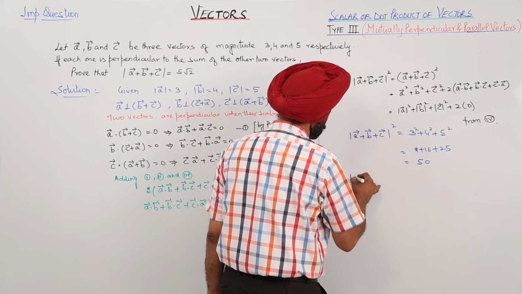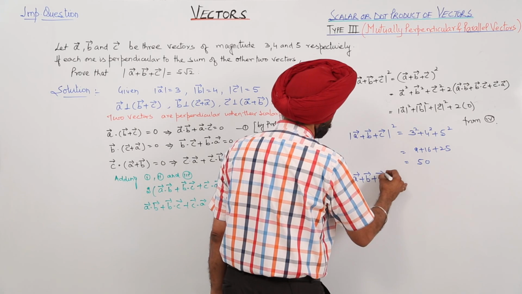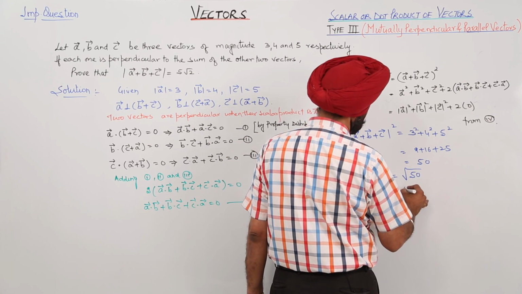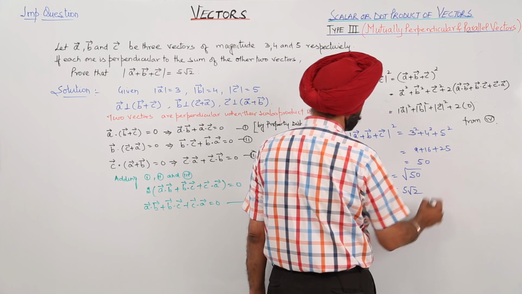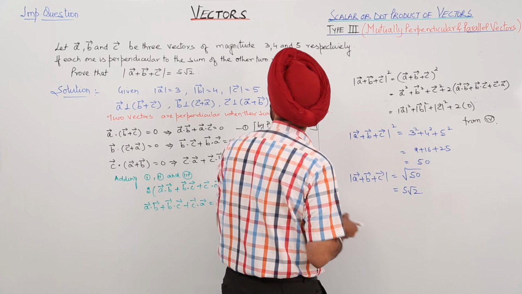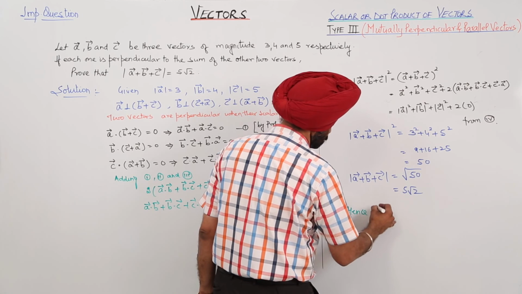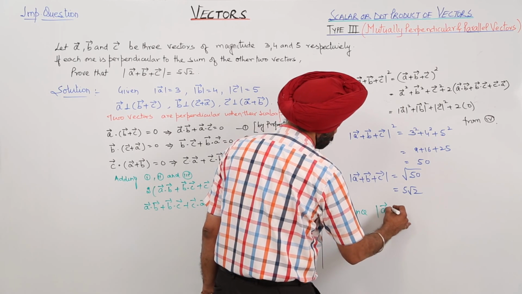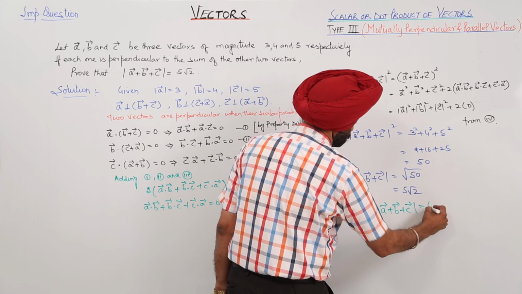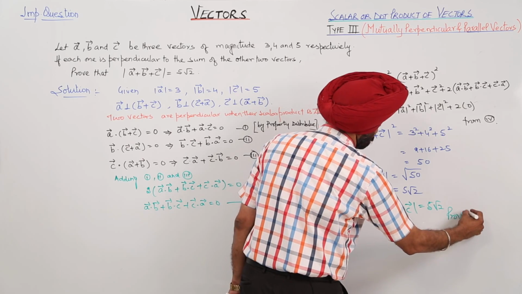Now the magnitude of vector A plus vector B plus vector C is equal to square root of 50. This is equal to 5 root 2. Hence proved.